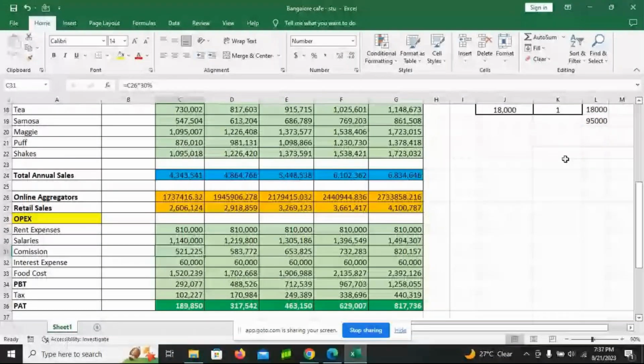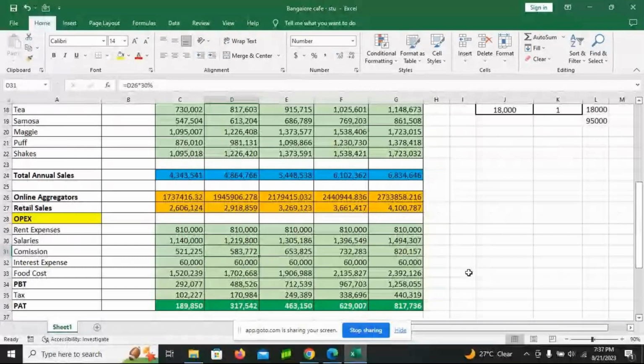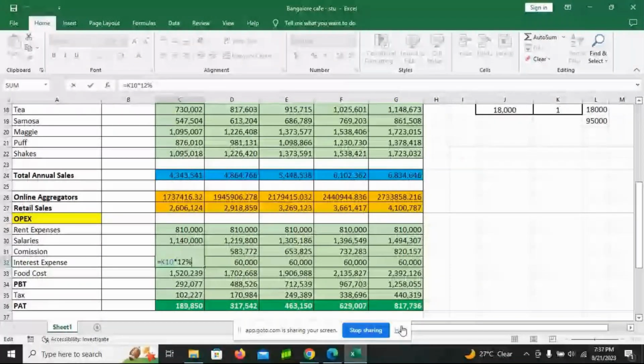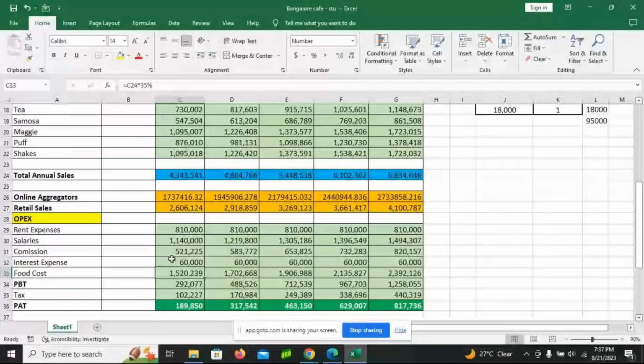Then commission. Interest expenses: on the debt amount, I have taken 5 lakh rupees from the bank, for which I have to pay interest of 12%, which remains the same throughout all 5 years.